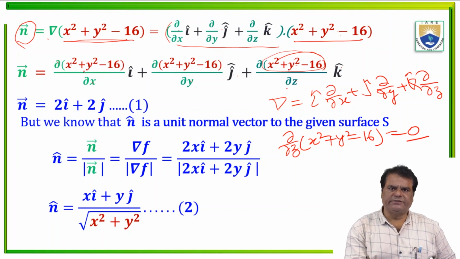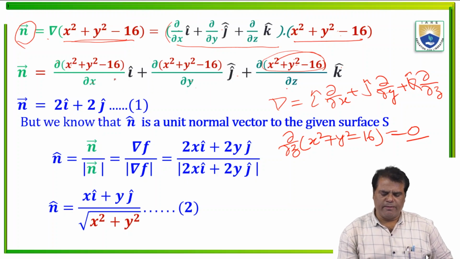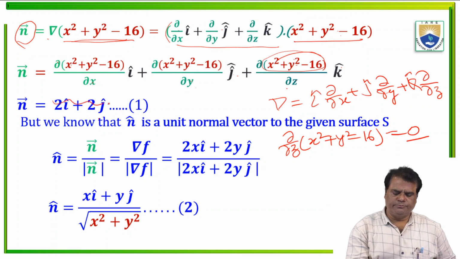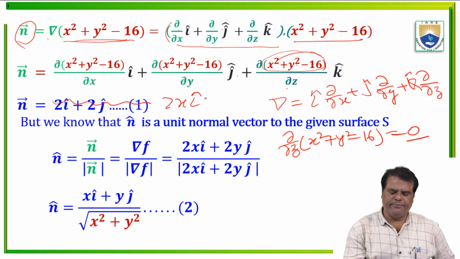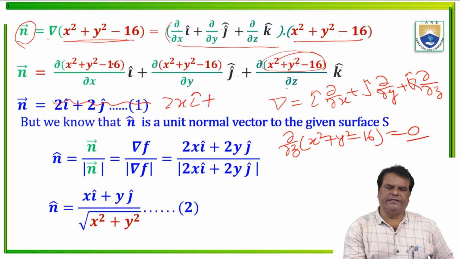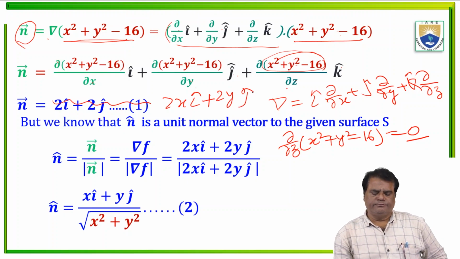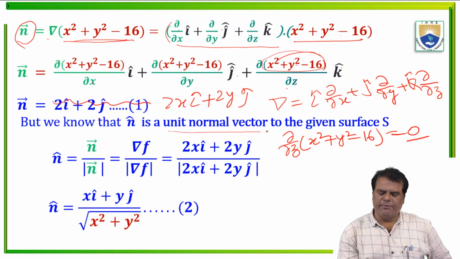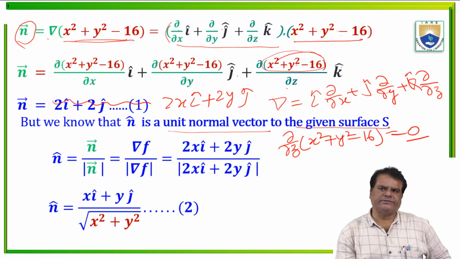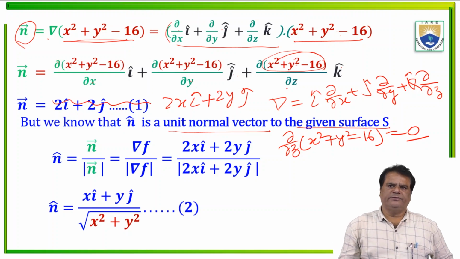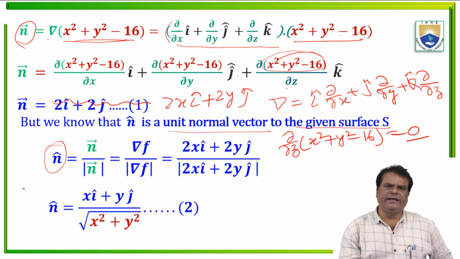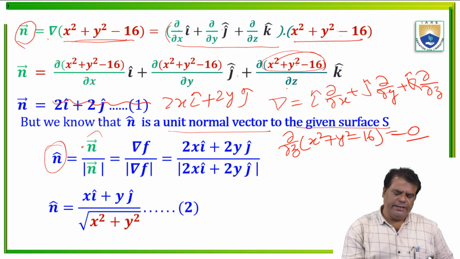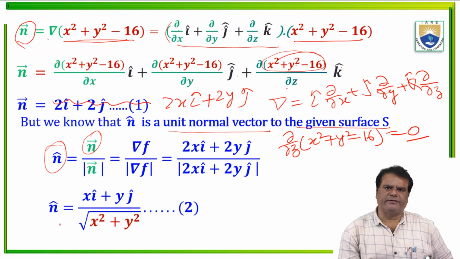So differentiating first with respect to x, we get 2x i cap. With respect to y, 2y j. But we know that n cap is the unit normal vector to the given surface S. n cap is n vector upon modulus of n vector.